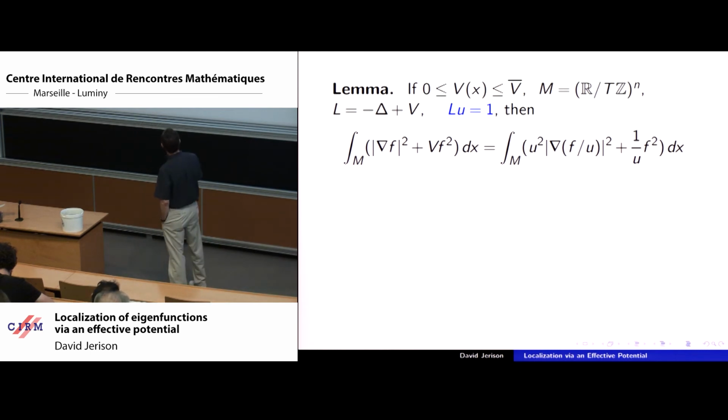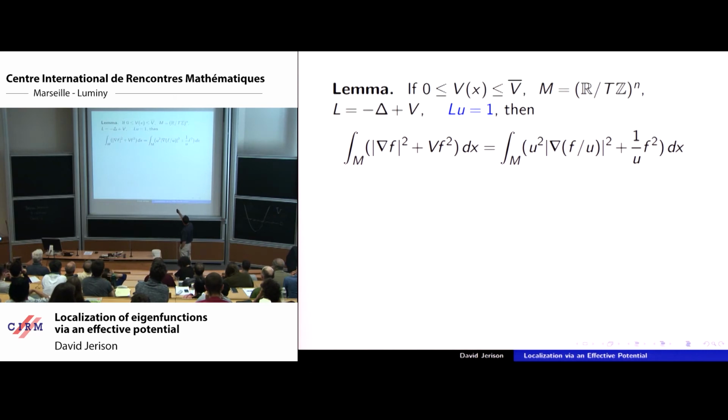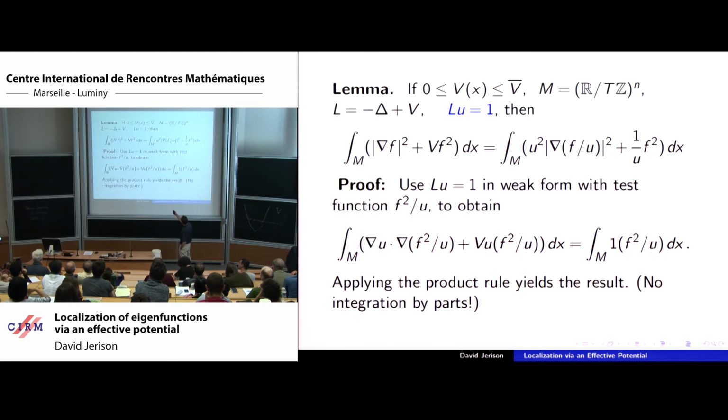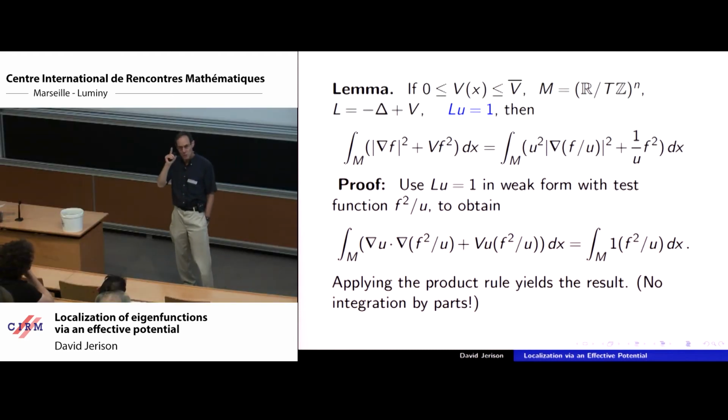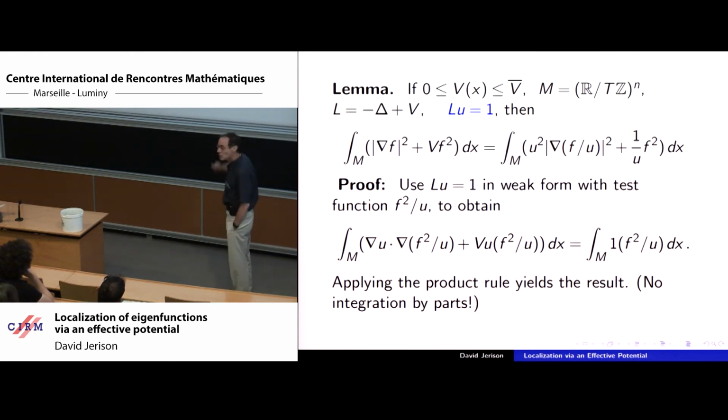So what we're going to do is prove this identity by plugging in the equation LU equals 1 in weak form with this test function. If you do that, you get this equation, which turns out to be the same as that equation. So this is the trivial proof, which is better than the other proof because it doesn't have any integration by parts.